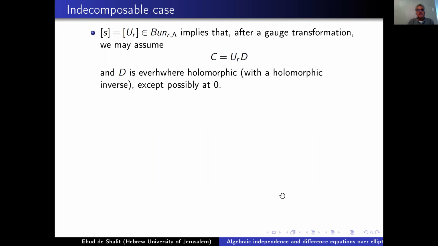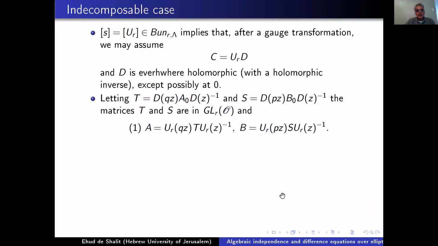And in this case, you can perform a gauge transformation, gauge equivalence, to assume that C is UR times D, where D is everywhere holomorphic. And you let T and S be the matrices that you get by performing this gauge equivalence on A0 and B0, the constant matrices, and get T and S that are everywhere holomorphic.